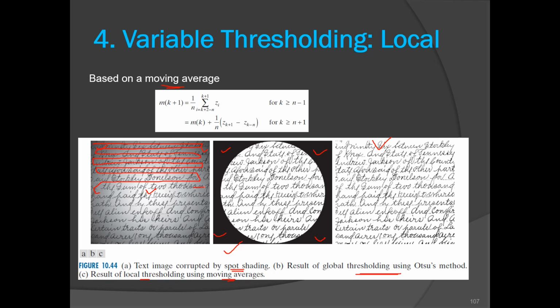Because this pixel and these pixels are neighbors, and if you calculate the moving average in the regular manner, then this pixel and this pixel are not neighbors. So the moving average will not work if you go like this. That's why we go in a zigzag manner and keep calculating the moving average, and this moving average value will be used for the thresholding. This is how we can overcome that problem.